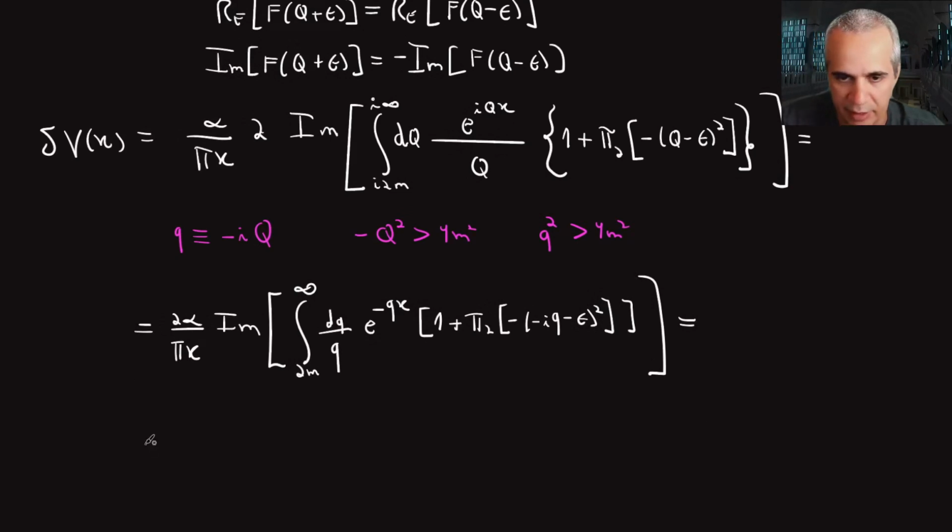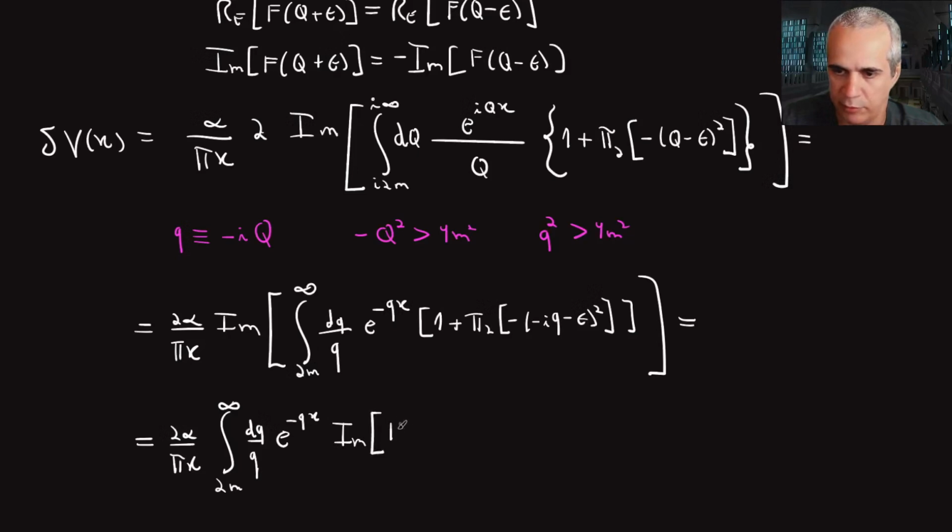So I can rewrite this as 2 alpha over pi x times the integral from 2m to infinity of dq over q exponential of minus qx times the imaginary part of pi 2, and then I'll just simplify stuff here, q squared plus i epsilon.